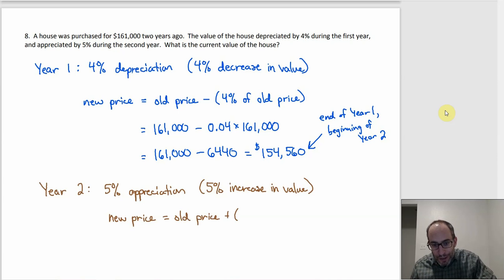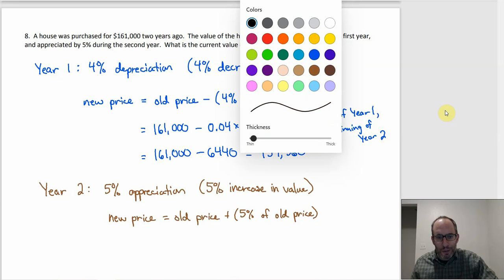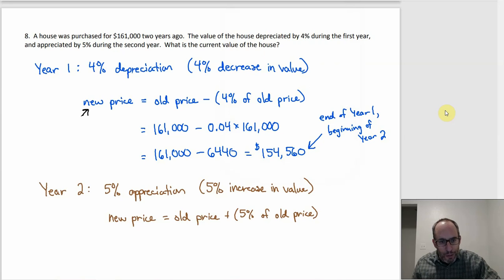So plus 5% of the old price. Okay, so then we just have to use the old price, which in this case is what it would be at the beginning of the year, right? So in a way you can view these, and I'll do this with a different color, so new basically means end of year price, and old is the beginning of year price.